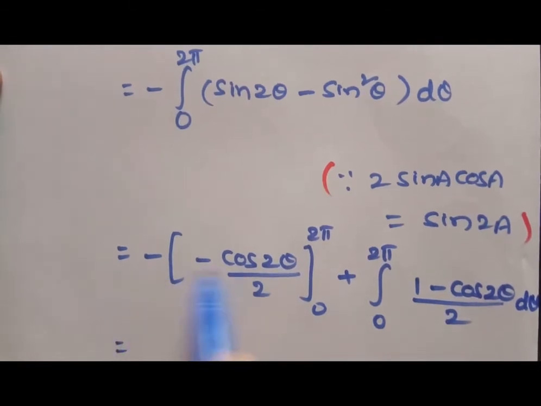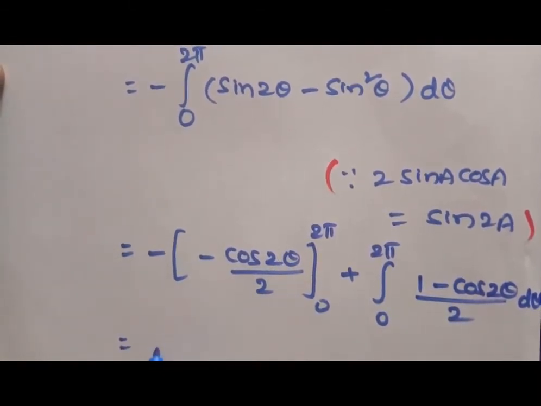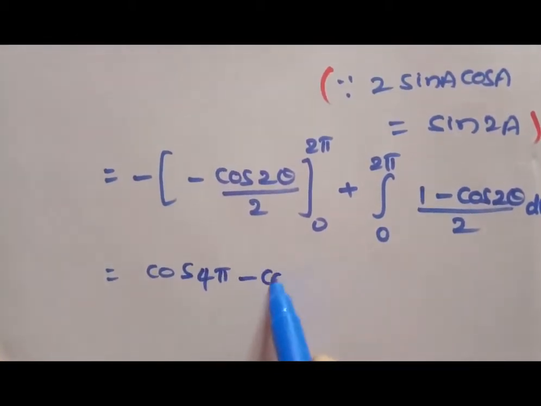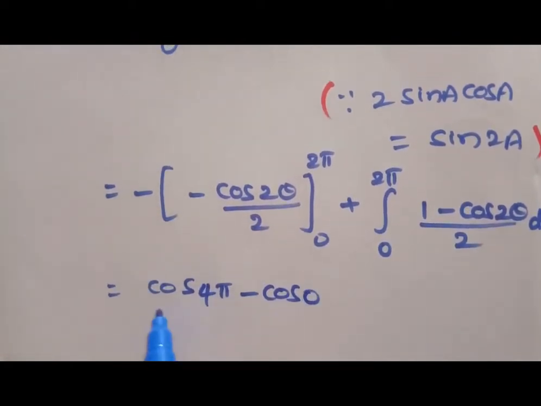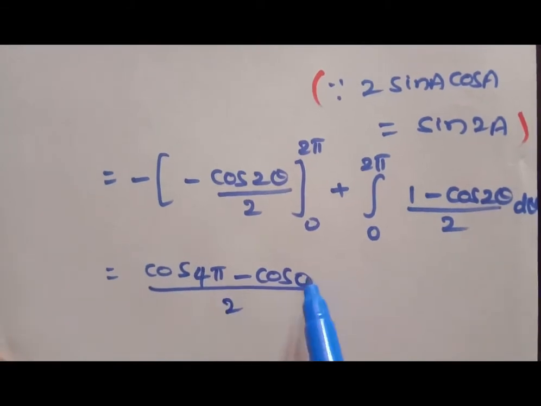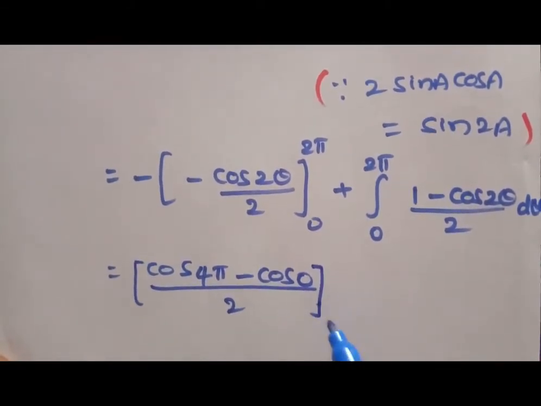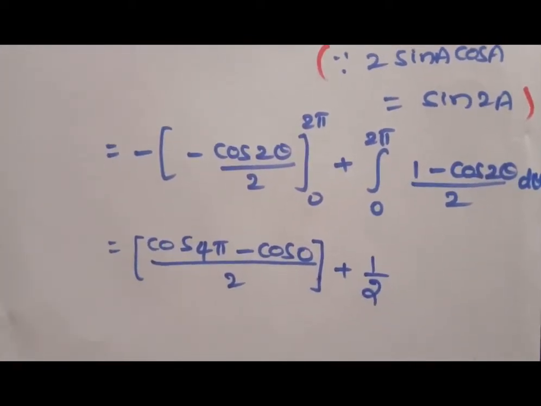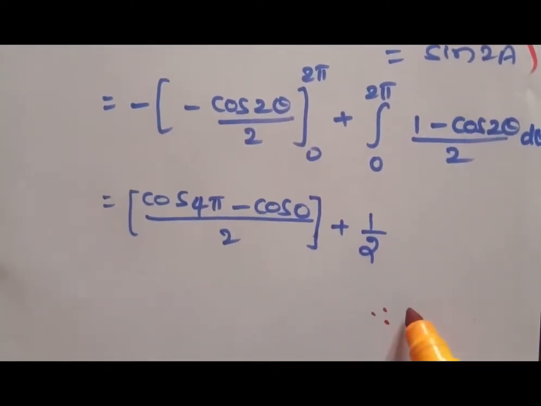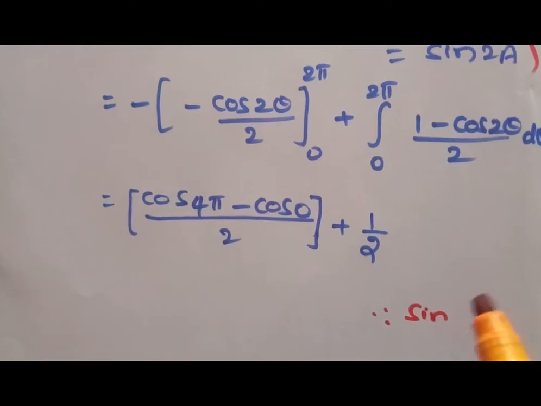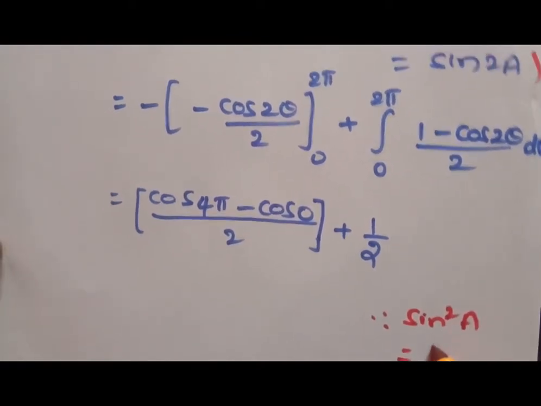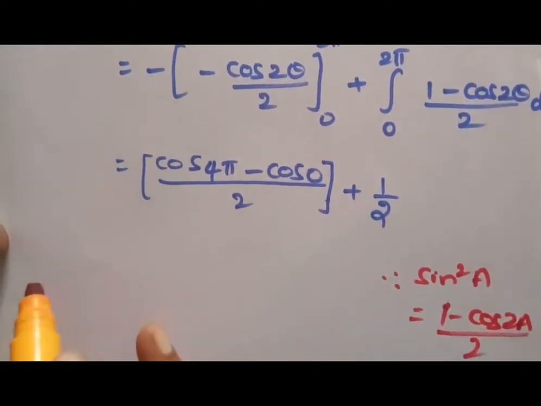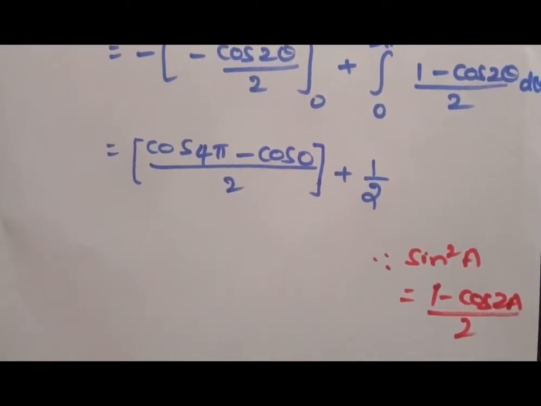Therefore now here minus into minus plus, upper limit cos 4 pi minus cos 0 by 2, plus 1 by 2 into the integral, since we used the formula sin square A is equal to 1 minus cos 2A by 2. This is the formula we already learned in our intermediate.